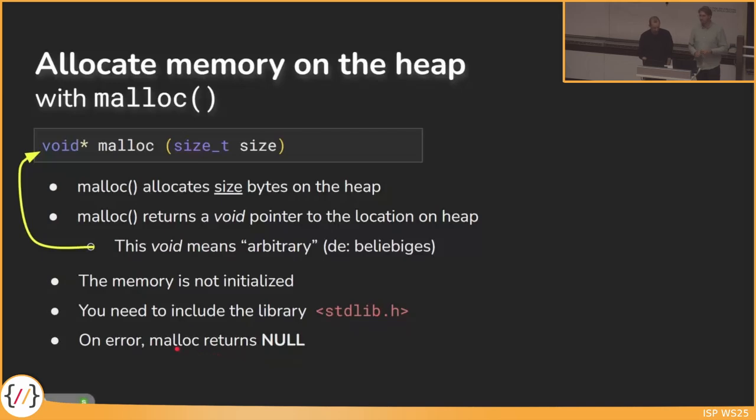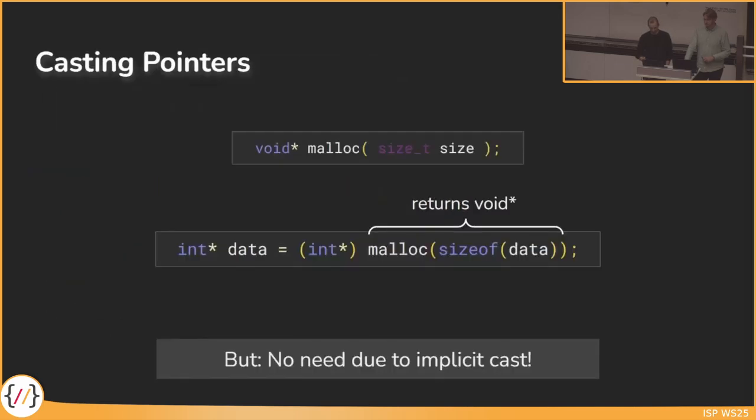And very, very important, if malloc cannot find any space on the heap anymore because everything is already allocated from previous mallocs, then it returns null. So null means you have no more memory available. Very unlikely, but it can happen in some cases, and you always have to check if malloc returns null.